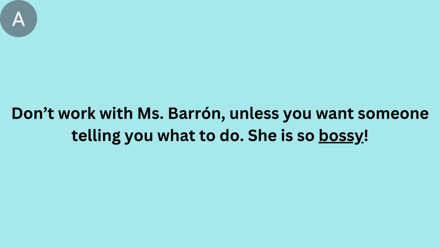From that sentence, you can kind of put together that Miss Barone is bossy. If we don't know the word bossy, then we know that when somebody is telling us what to do all the time, they're bossing us around. We already know that. So we can take that information and add it to what was said at the end of the sentence, and we have a meaning for the word bossy.